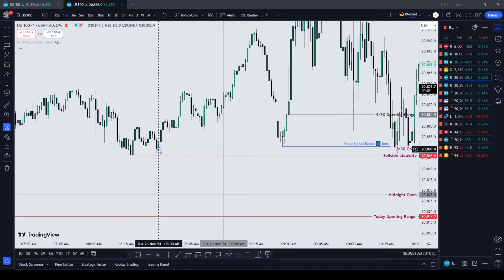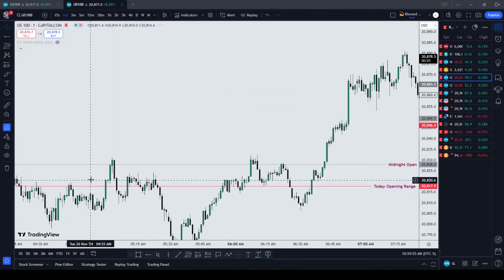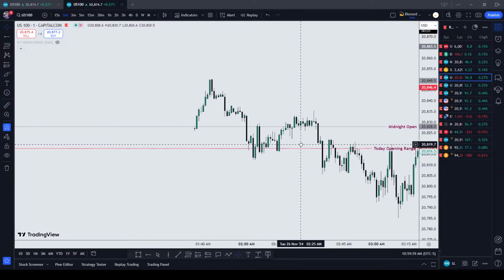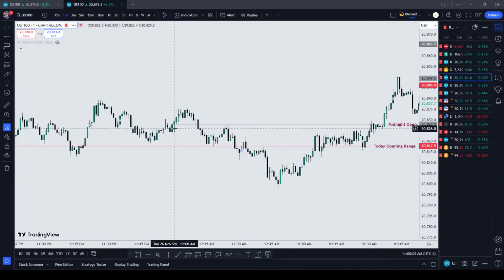So this is the 8:30 open. I also marked out this right here. This is the midnight open, the New York midnight open.